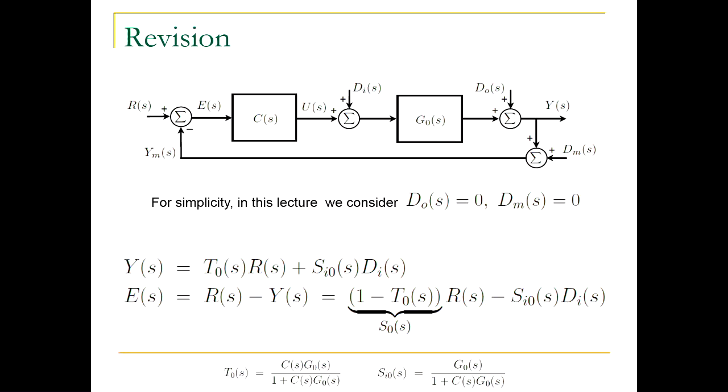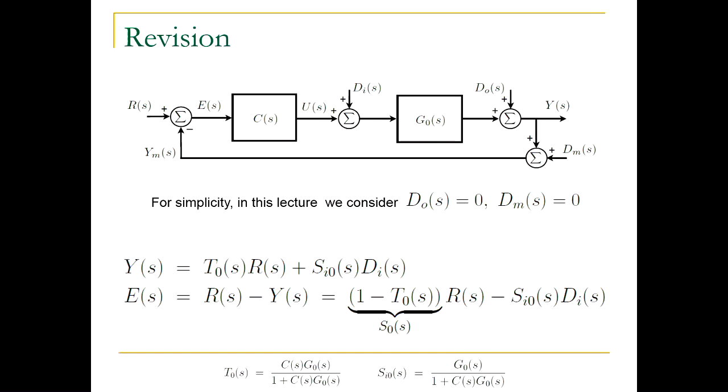If we plug in the Y that we obtained from the above block diagram, we get that the error is 1 minus TO times R minus this term. Now, 1 minus TO, if you remember, is called the sensitivity or output sensitivity transfer function.